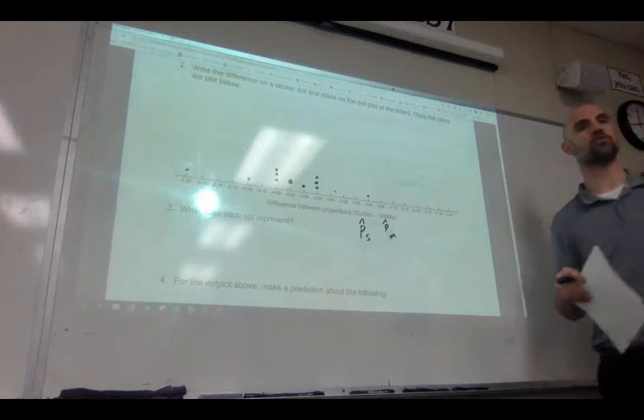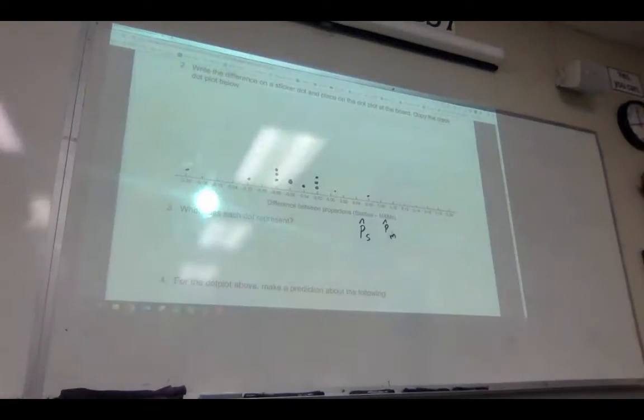The thing about sample proportions is we can take a difference of sample proportions. We just notate it: P hat sub S minus P hat sub M. That's what we did.